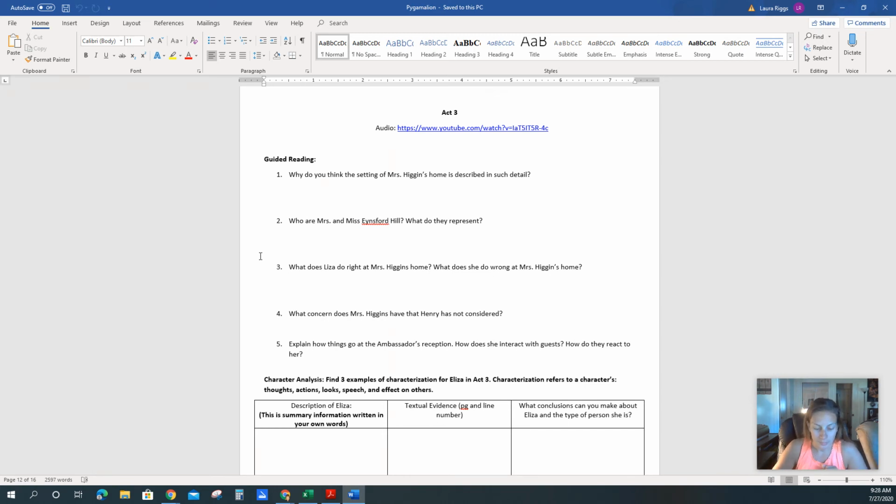But the Ainsford Hills are social climbers, and they're poor and they can't go to regular parties. So this is their way of exposing themselves to the upper class. And Mrs. Ainsford Hill is really hoping that her daughter doesn't take after Eliza or pick up any of these bad habits.